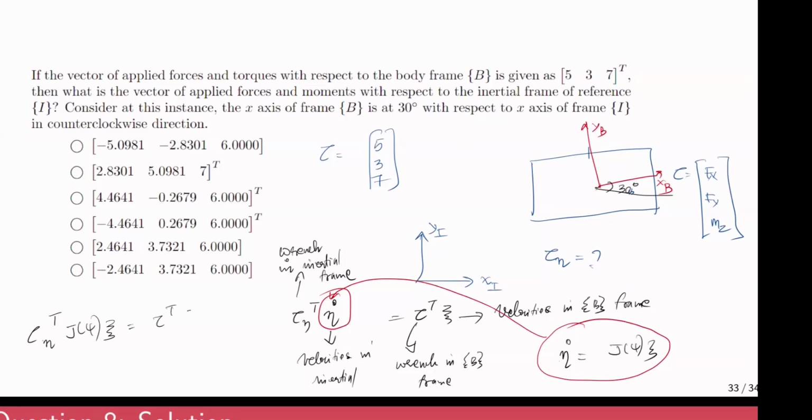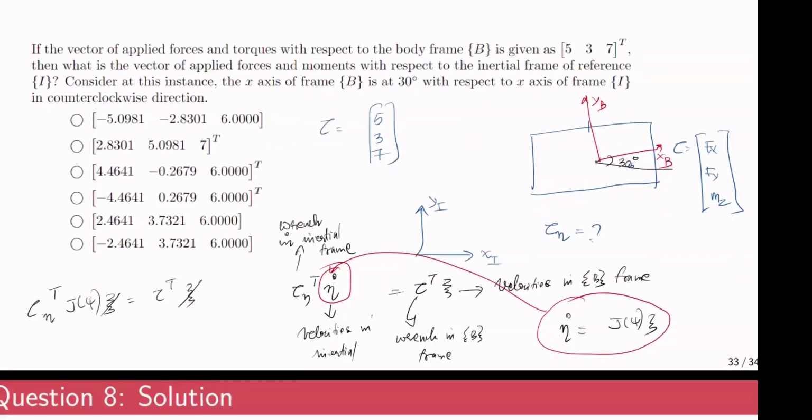So these terms will get cancelled. And if you take the transpose of this entire equation, you will get J of psi transpose tau eta.